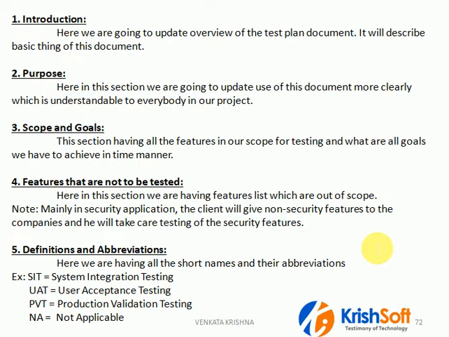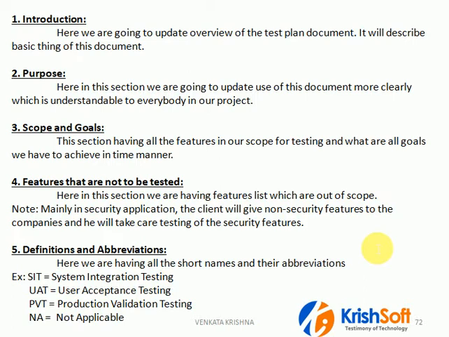Scope and goals means what is in scope for us. For example, say we are doing Bank of America testing. Are they going to give us their live customers' data for testing? No. So those related functionalities we may not test. That is why for each and every application there will be a scope for the tester.